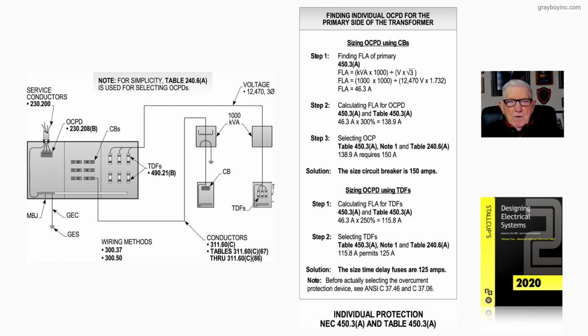When the math is performed, we come up with 115.8 amps. Step 2, we select the time delay fuses, and again we use table 240.6(A), and 115.8 amps permits 125 amps to be used because the note lets you round up to the table 450.3(A). So the solution, the size time delay fuses are 125 amps.